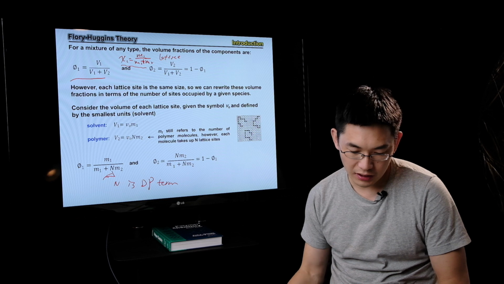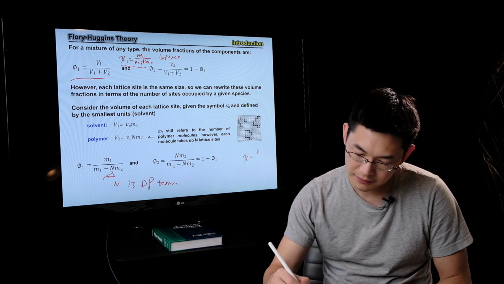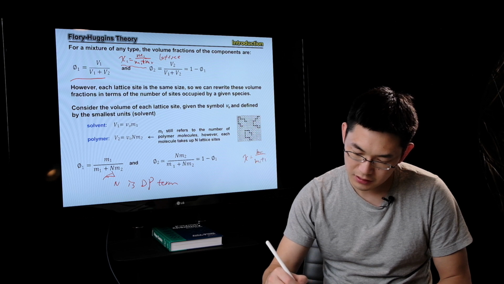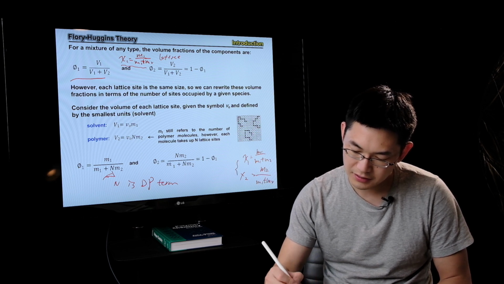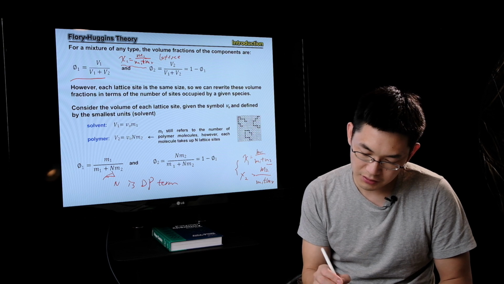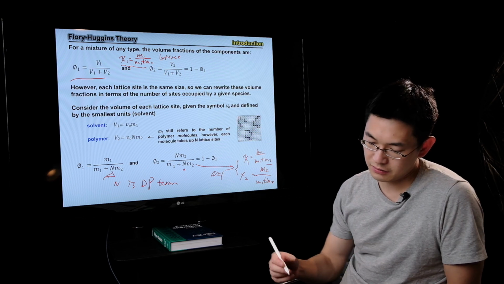If you look carefully, it differs only slightly from what we had in the previous lecture on lattice theory. This is x1, this is x2, because in lattice theory they occupy the same volume, and if you assume N equals 1, you would simplify the Flory-Huggins theory to lattice theory.